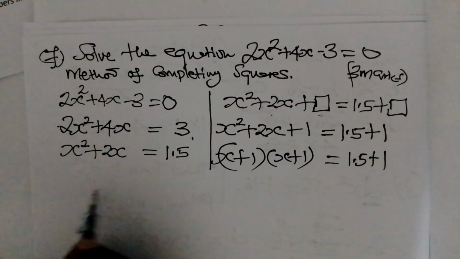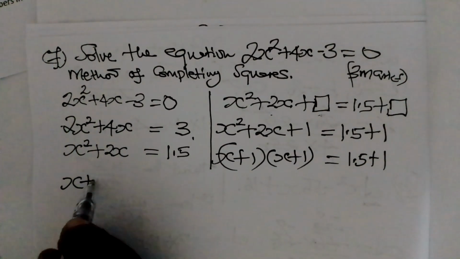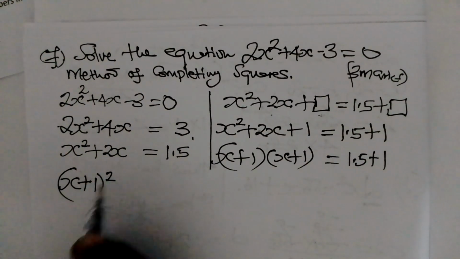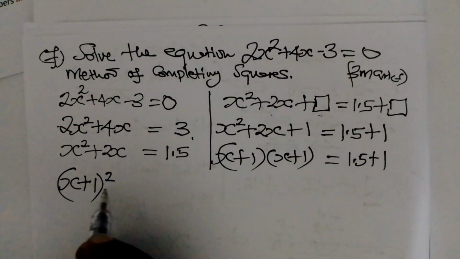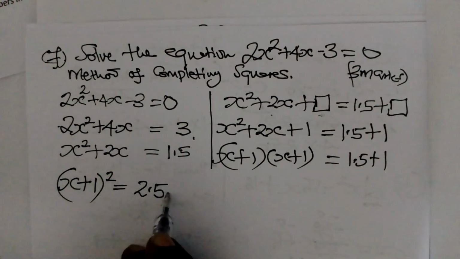Therefore, we now are going to have x plus 1, all this squared, is equals to 2.5.